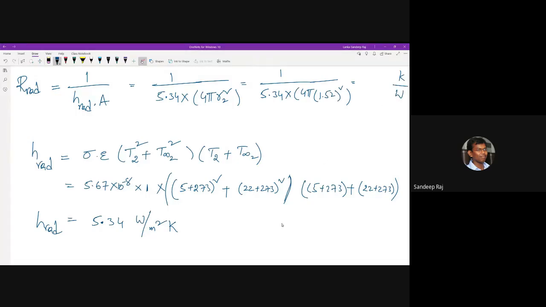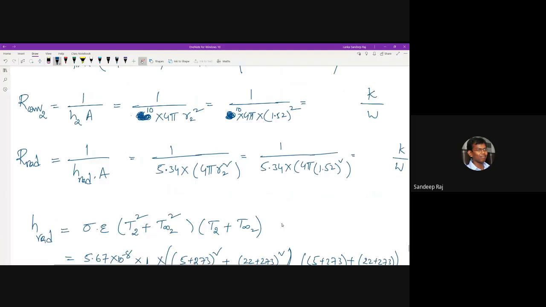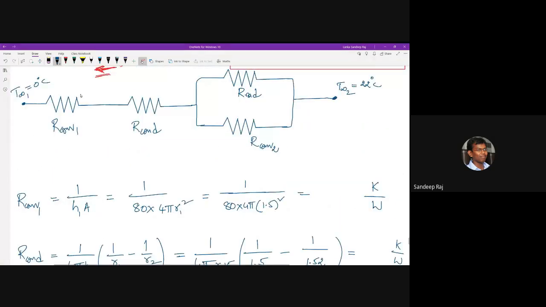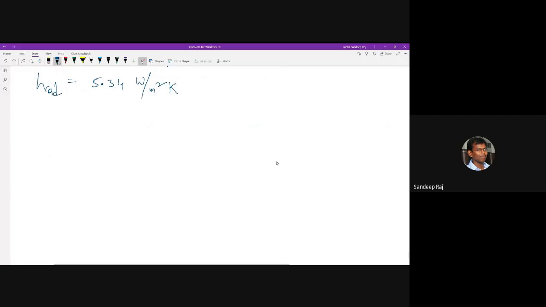Now that you got R values on your resistance circuit, all R values are known to you. Now you will go to the calculation of Q. Q is equal to delta T by R total.